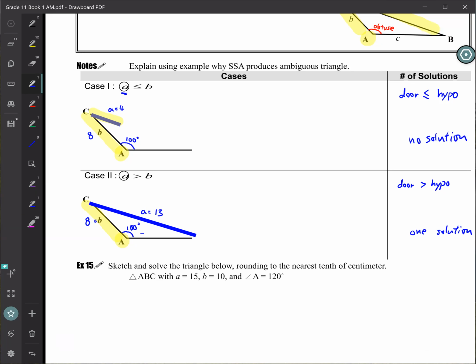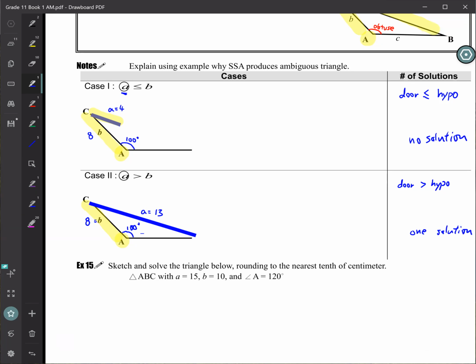So what number would you pick then? Pick a number, Brendan. I want the door to be shorter than or equal to the hypotenuse. 4. 4, yes.